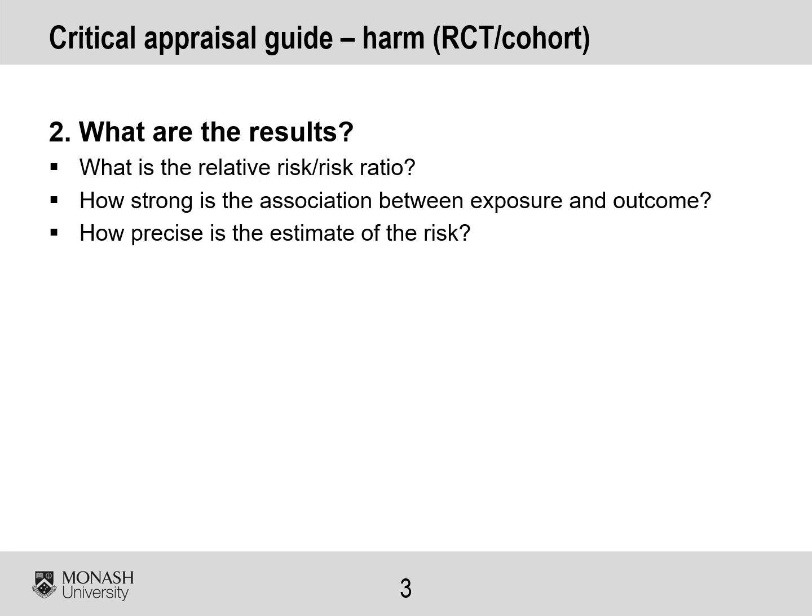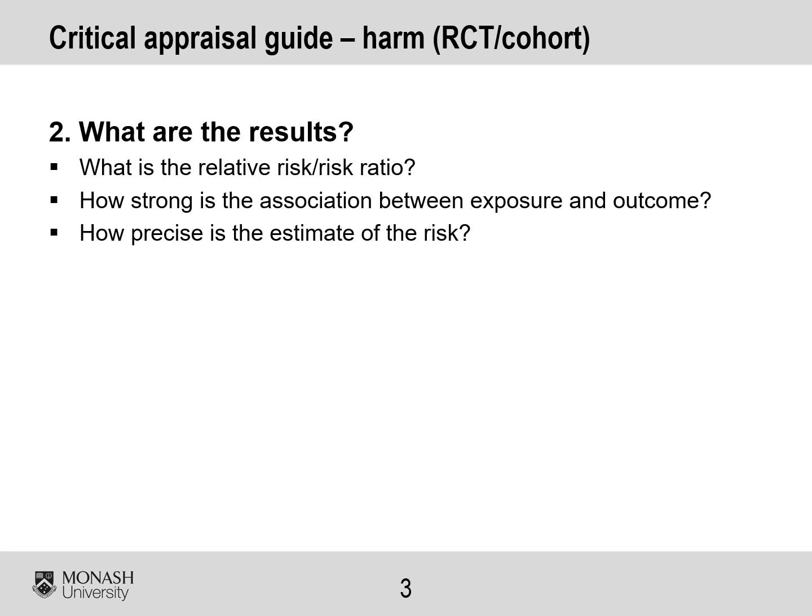It may be reported as an odds ratio or even as a hazard ratio. What I'd suggest that you do is quote whatever statistic is provided in the paper, interpret it, and then for the purposes of the critical appraisal task, calculate your own relative risk.